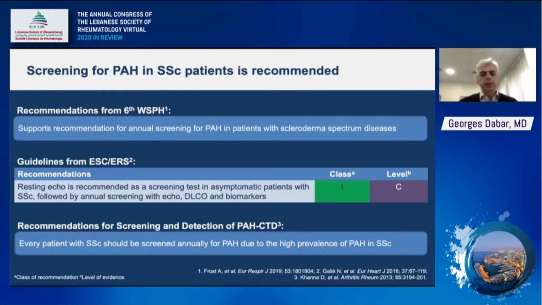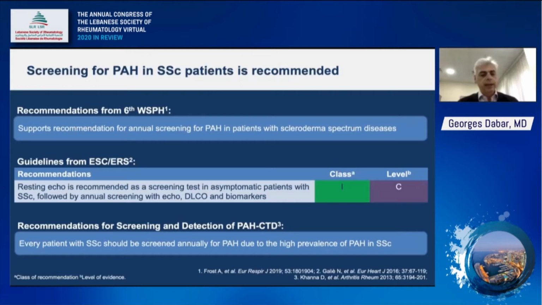In scleroderma patients, it is really recommended, and this is a recommendation coming from different bodies. This is the World Symposium on Pulmonary Hypertension that supports the recommendation for annual screening for pulmonary arterial hypertension in patients with scleroderma.